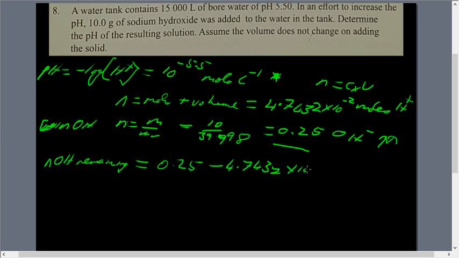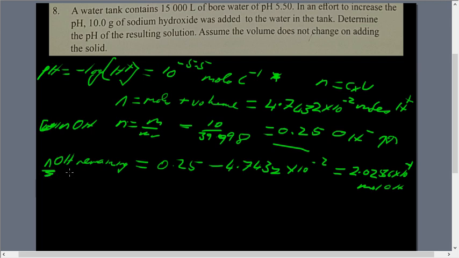If you put that in your calculator, you should come up with a number of 2.02566 times 10 to the minus 1 mole OH. Now, that's very nice. That gives us a number of moles.